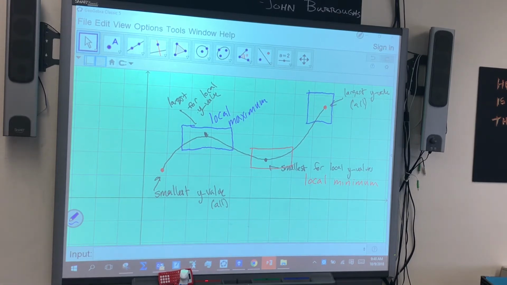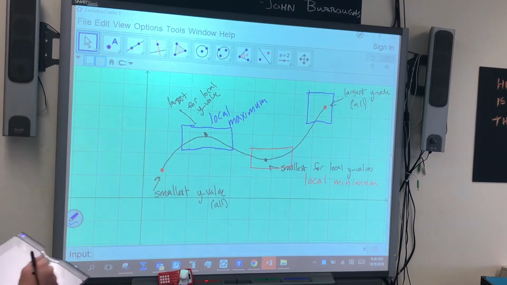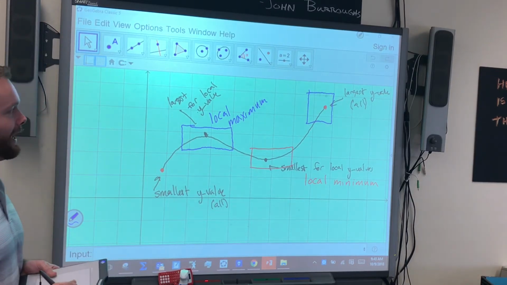Would you guys agree, if I look at that neighborhood, that is a local maximum for that little neighborhood, that little window, but compare that to any other local maximums up there, is that local maximum, this one right here, larger than that local maximum? So because that's occurring, we call this one an absolute maximum.